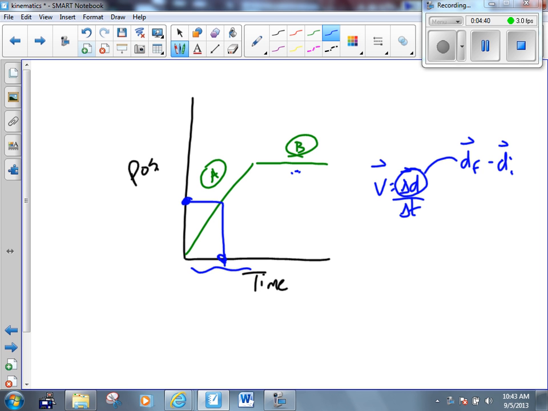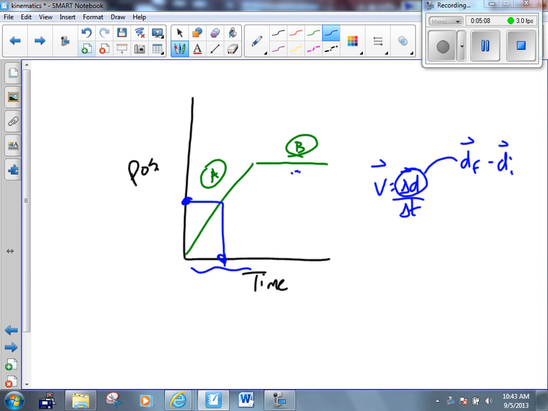You can give me a number for that right now, even without any numbers on our y-axis here. Hayden? 0. Okay, how do you know it's 0? Anybody tell me how you know it's 0, even without any numbers on the x or y-axis? When we were going over the shapes, Aiden, we saw that a straight, flat line meant it was stopped. It meant that the velocity was always 0. Good?